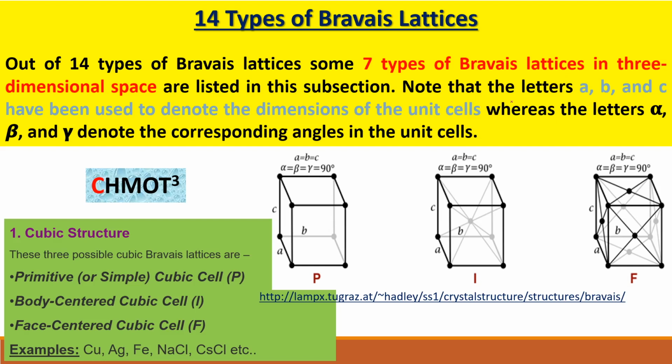Note that the letters A, B and C are used to denote the dimensions of the unit cells, whereas the letters alpha, beta and gamma denote the corresponding angles in the unit cell.